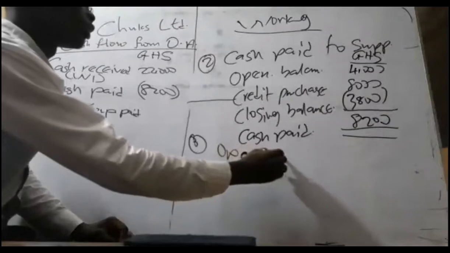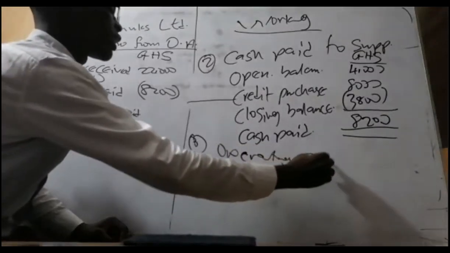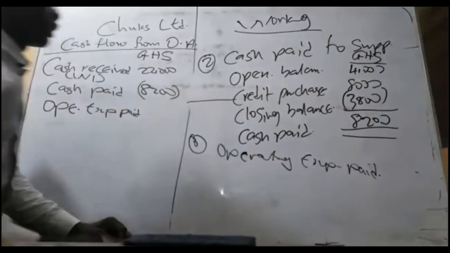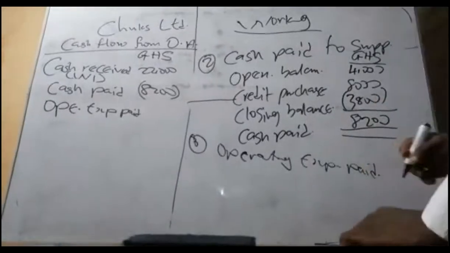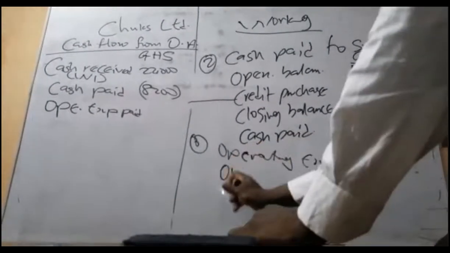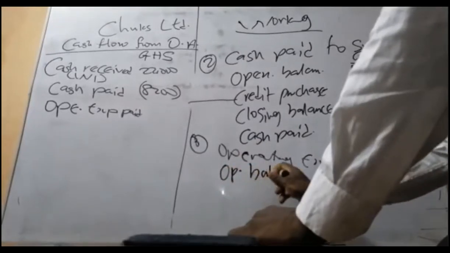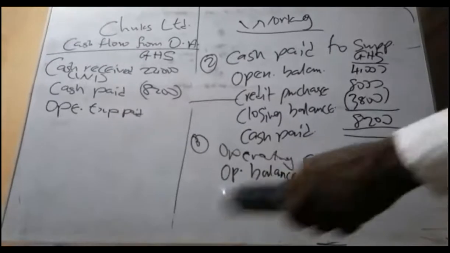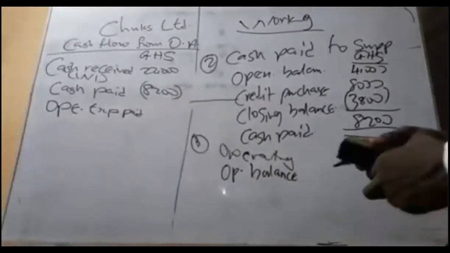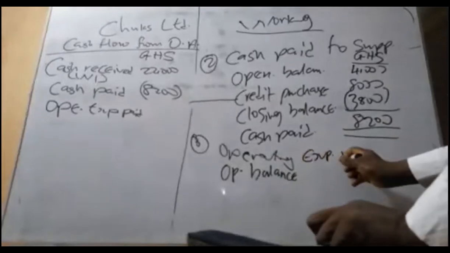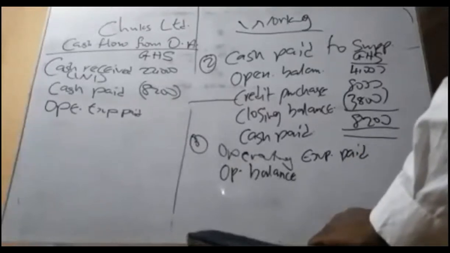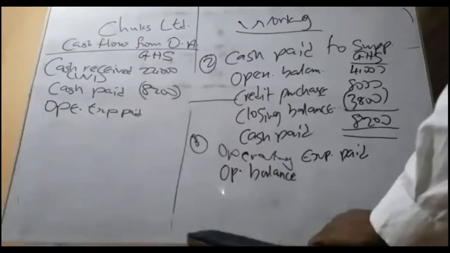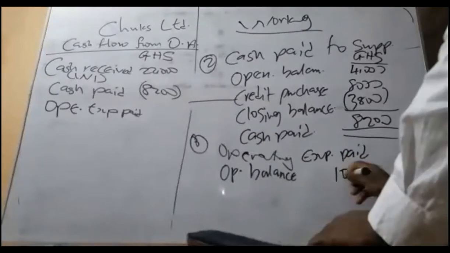So here we will tell the examiner that operating expenses paid is got by bringing 3 items together. Item number 1, opening balance, which happens to be 1,000.